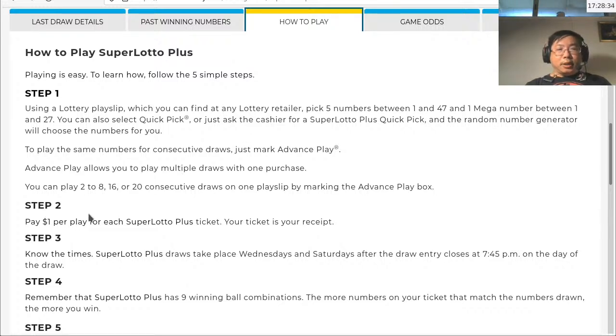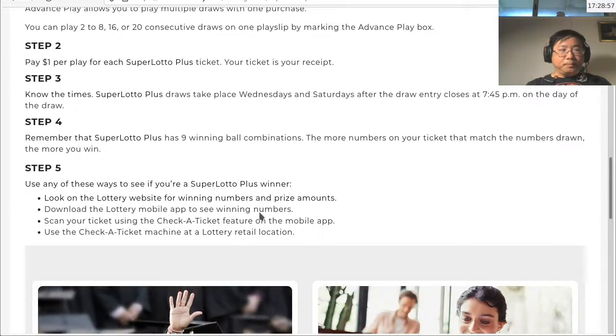Then you pay $1 per play for each Super Lotto Plus ticket. Super Lotto Plus draws take place Wednesdays and Saturdays, and entry closes at 7:45 p.m. on the day of the draw. Remember that Super Lotto Plus has 9 winning ball combinations, and so on.